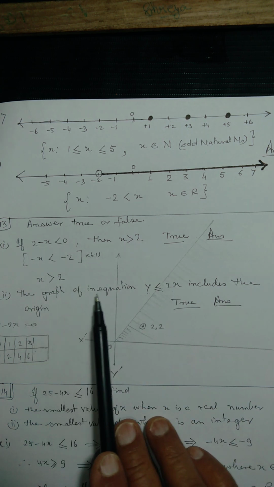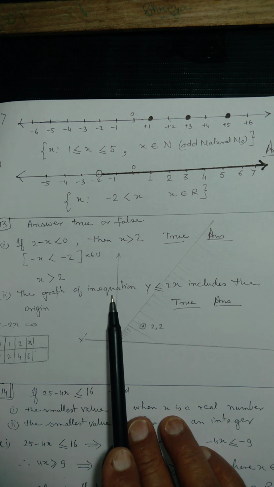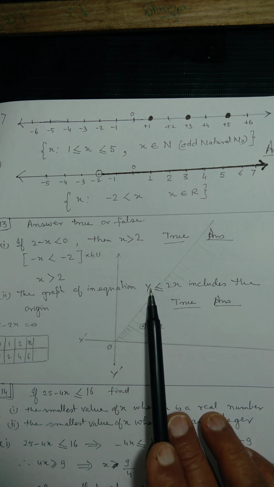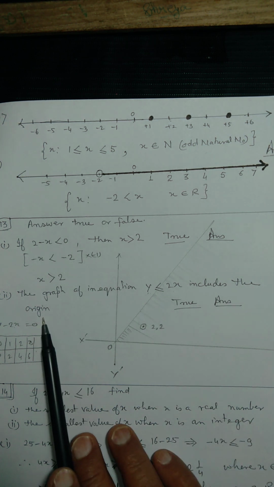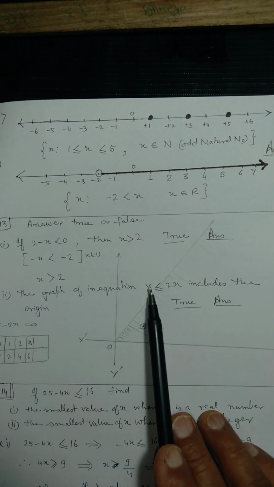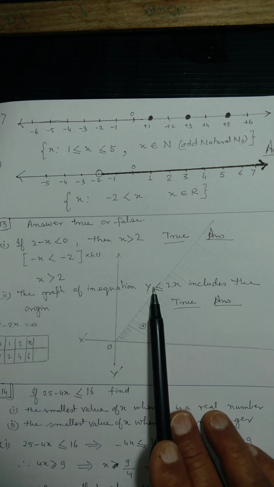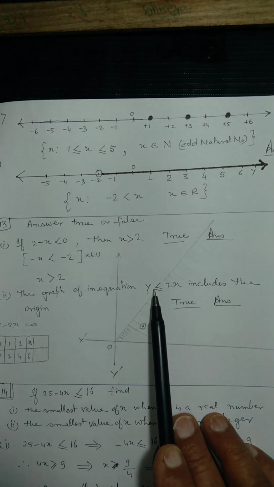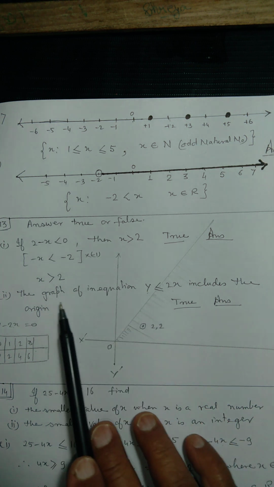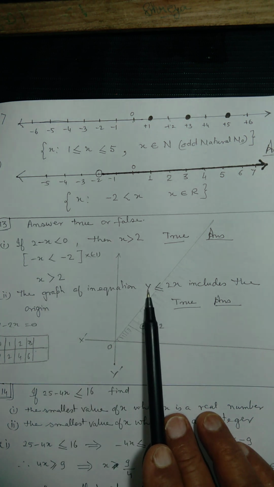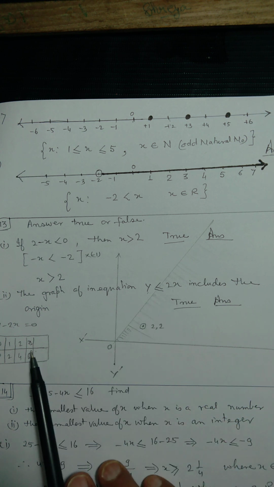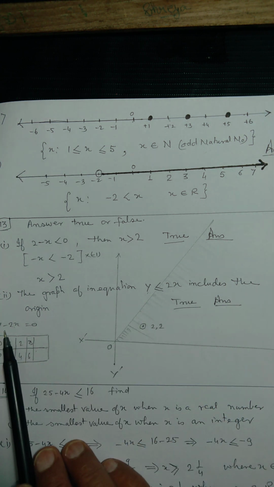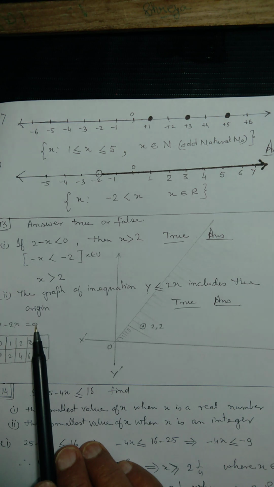The graph of the inequation, that is y is less than or equal to 2x, includes the origin. Means if you draw the graph, it will include the origin. As per this statement, is it true or false? Yes, it is true. Here you see I have drawn the graph also, y minus 2x is equal to 0.